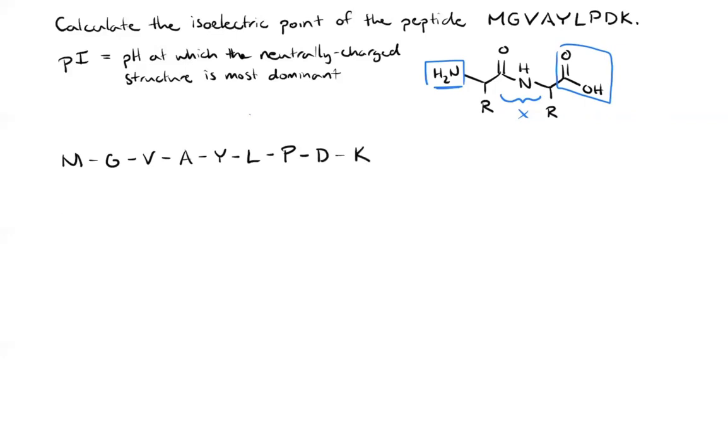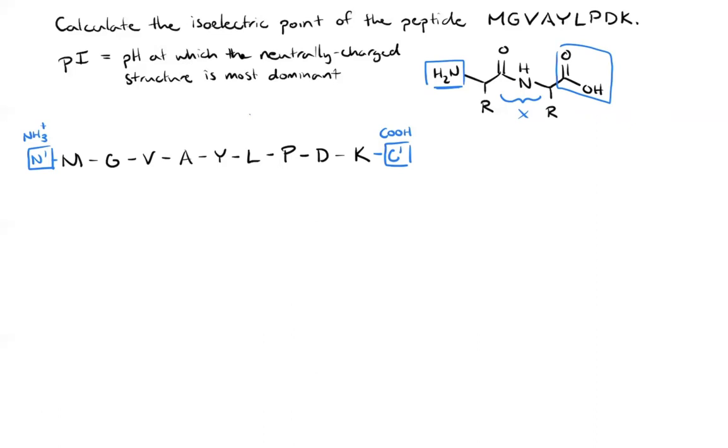But the first thing I can identify is that, just like in that little dipeptide that I drew above, this one is also going to have an N terminus that has an ionizable NH2 or NH3 plus group on it. The charge on that is going to depend on the pH of the solution that it's in. Likewise, we're going to have a C terminus that has a carboxyl group on it. So those are two ionizable groups I can identify right away.